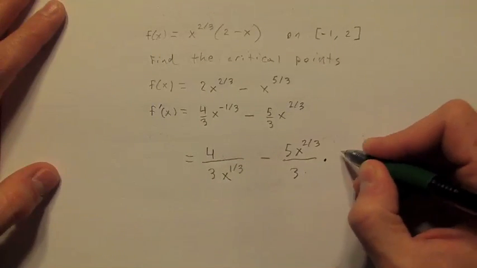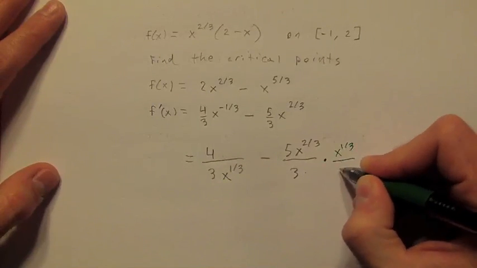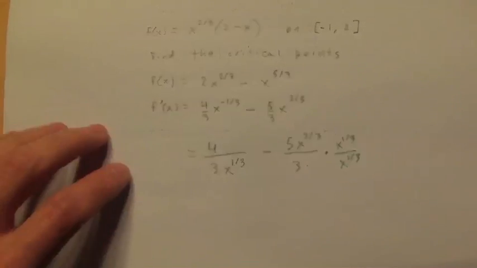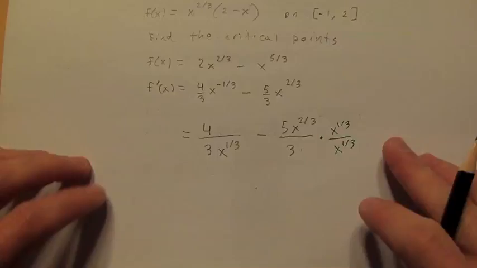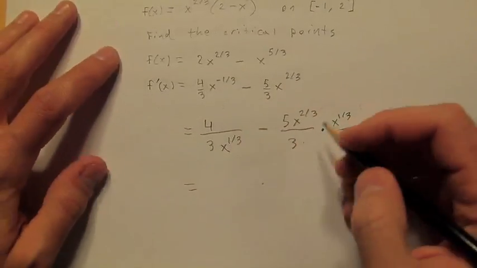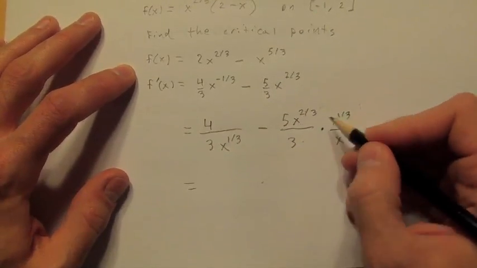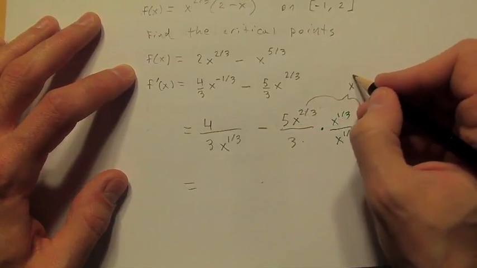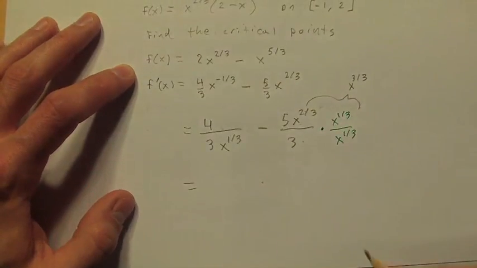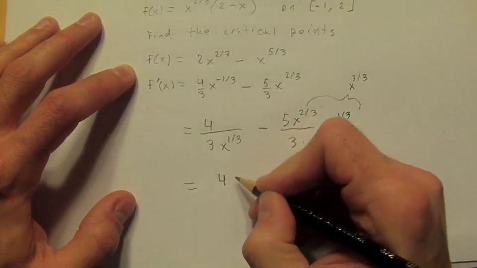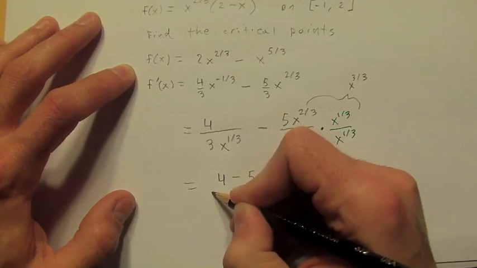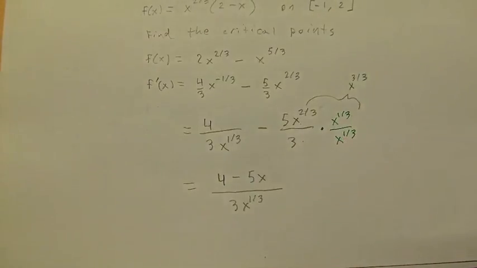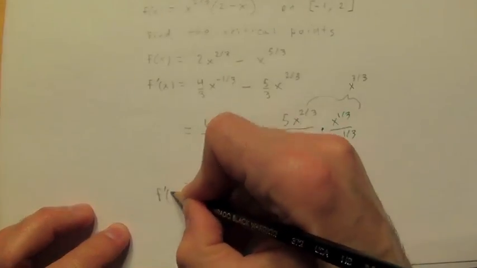So I'm going to go ahead and multiply by x to the 1/3 over x to the 1/3, and I'm going to simplify it down. Now I have a common denominator, and x to the 2/3 times x to the 1/3 is going to come together to give me x to the 3/3, which is just x. So on the top, I'm going to have 4 minus 5x all over 3 x to the 1/3. Okay, so that is f prime.